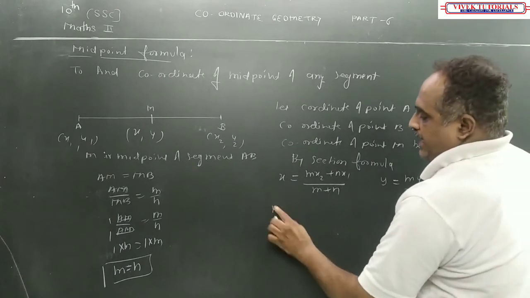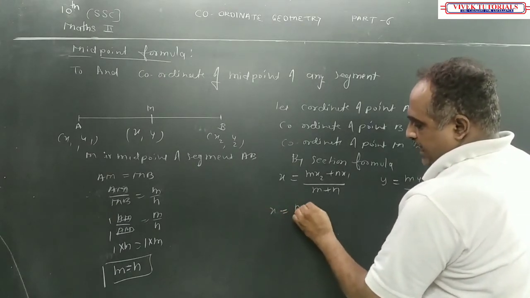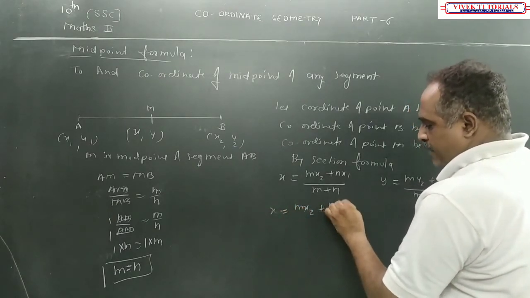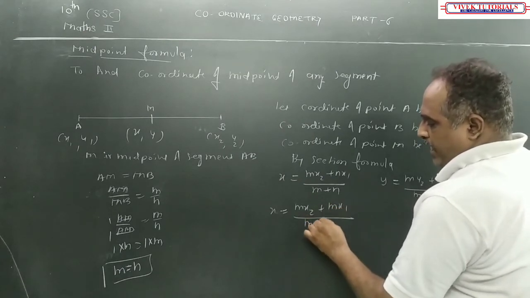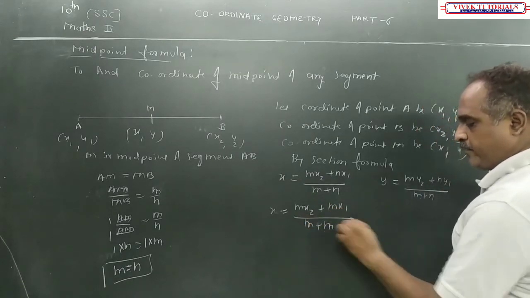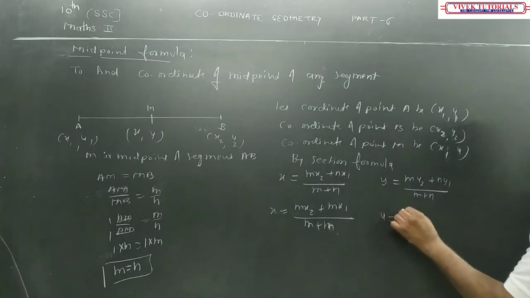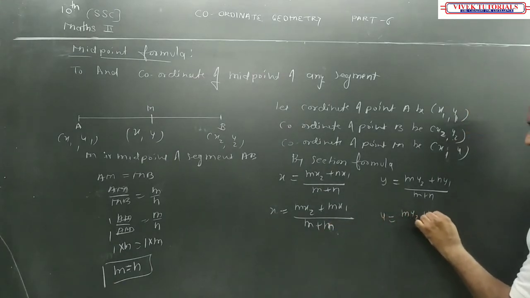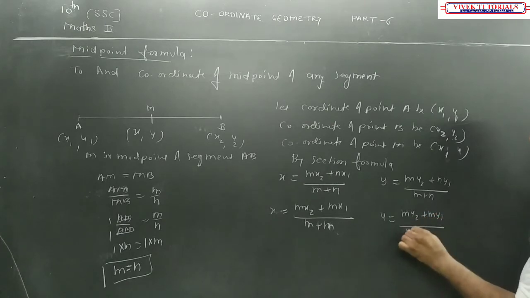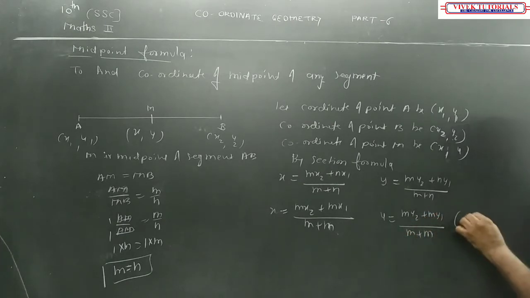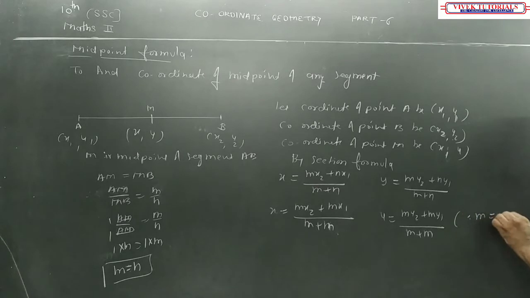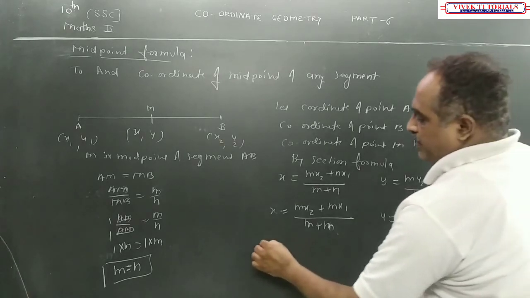So x is equal to mx2 plus mx1 upon m plus m, and y is equal to my2 plus my1 upon m plus m, since m is equal to n. n की जगह पे क्या यूज कर रहे हैं हम लोग? m. तो what will happen now?